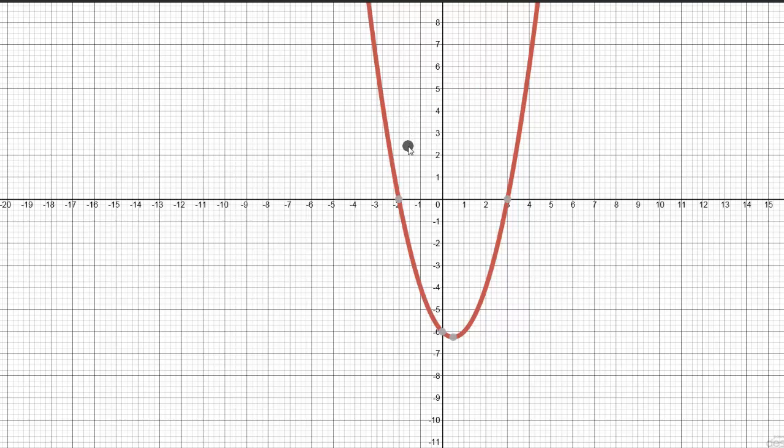Our domain is going to be, we want to call out our lowest possible x value. And that means that if we go all the way to our left, we realize that it's not going to stop. It'll keep getting more and more negative. So we can say it approaches negative infinity. And we also want to figure out what our highest possible x value is.